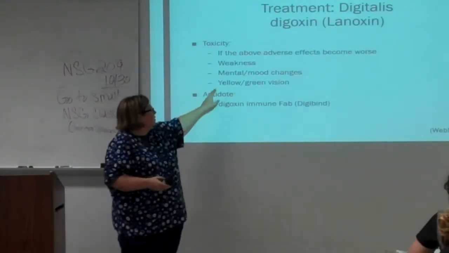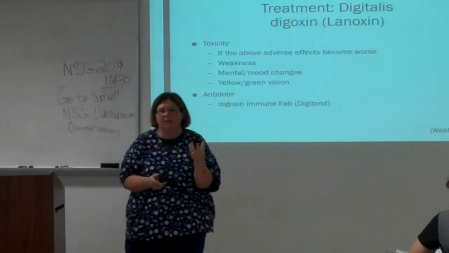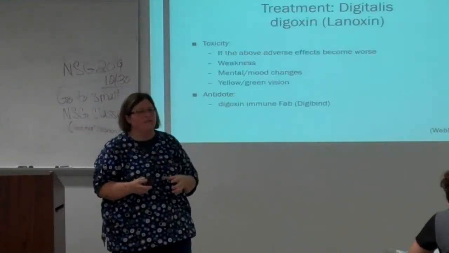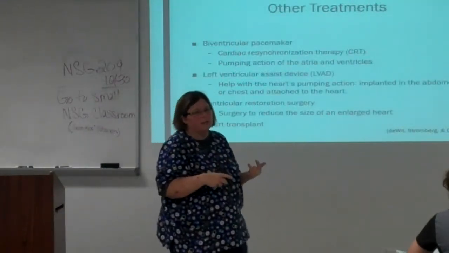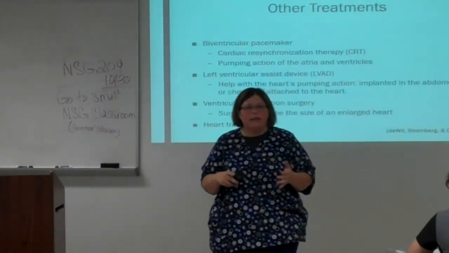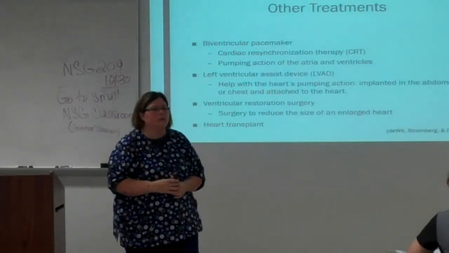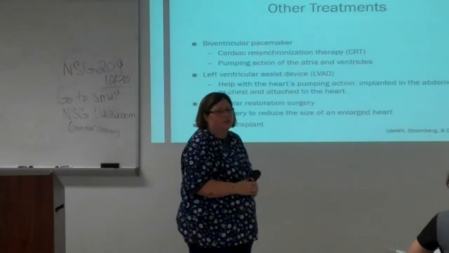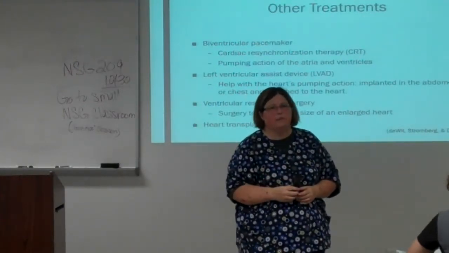The antidote is Digibind. This will absorb all the excess dig that's floating in the circulation. Normal digoxin is 0.8 to 2.0 ng/dL. Please say that again. 0.8 to 2.0 ng/dL.